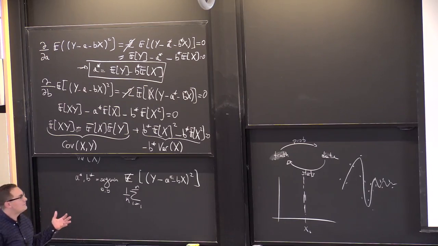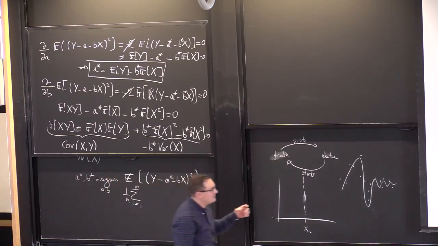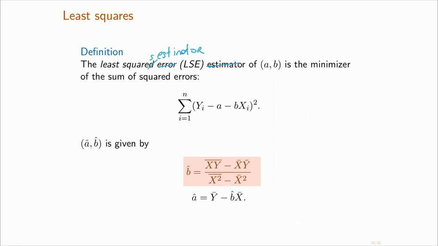And that's exactly the same thing, and you can see that this is the expectation of xy minus expectation of x times expectation of y. That's the empirical covariance between x and y. And this is the average of the x squared minus the square of the average, which is the sample variance. Okay, so you have the sample covariance over the sample variance.